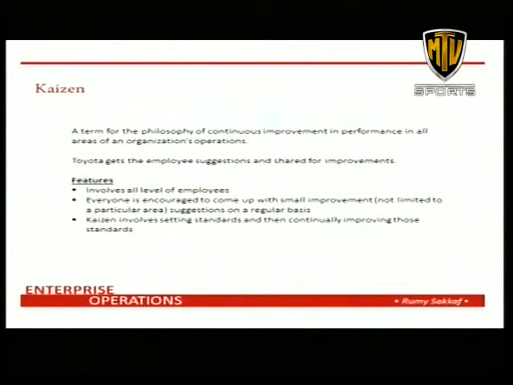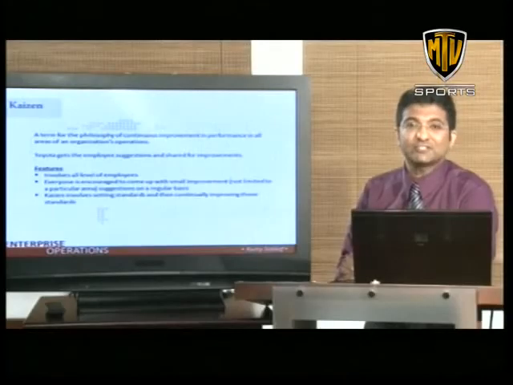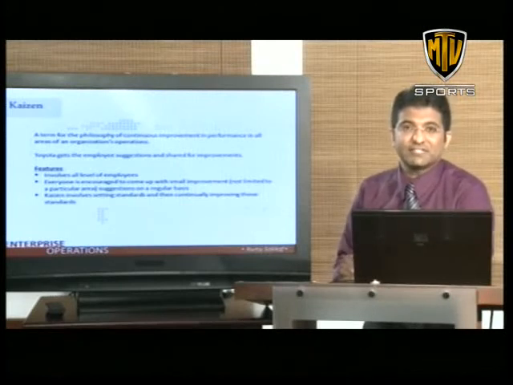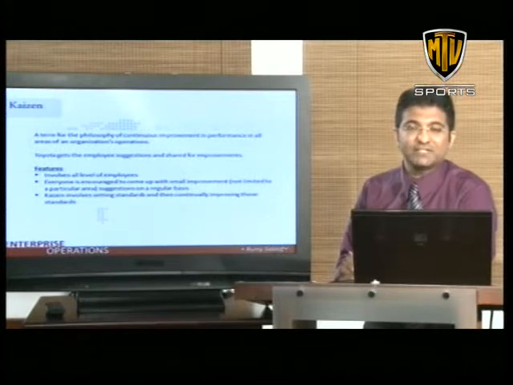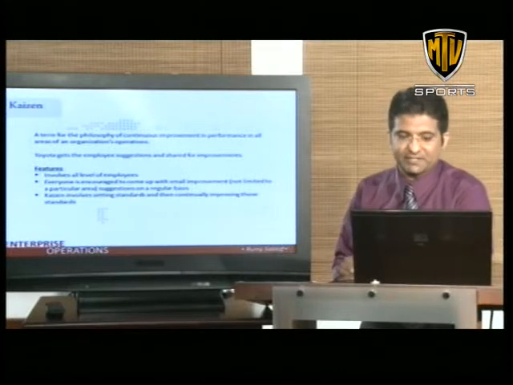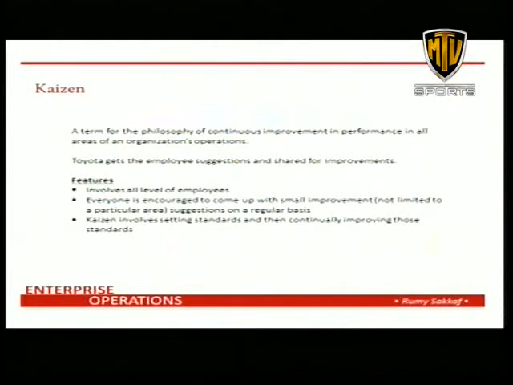Kaizen involves all levels of employees, and always try to give an example for this. For example, it can be put like this: it involves all levels of employees, such as the chief operating officer as well as the machine operators. The second, everyone is encouraged to come up with small improvements, not limited to a particular area, with suggestions on a regular basis.